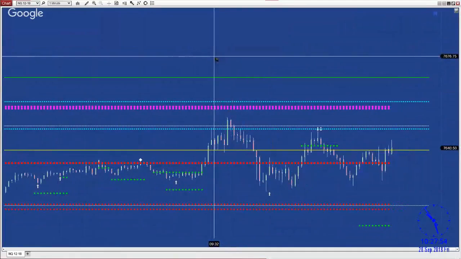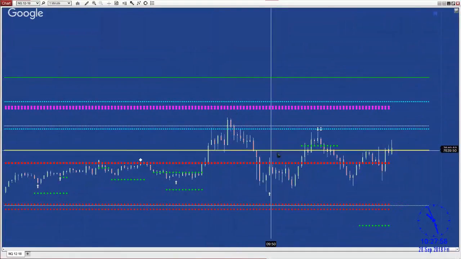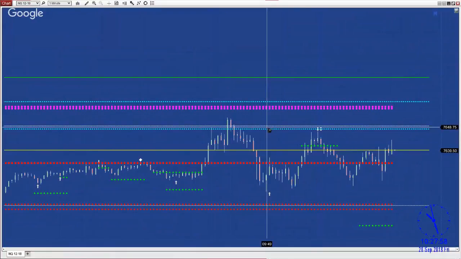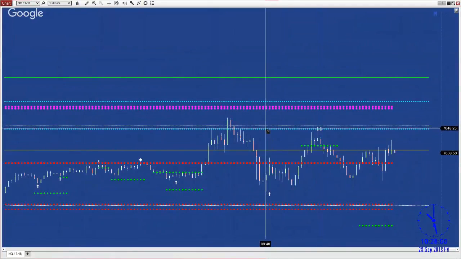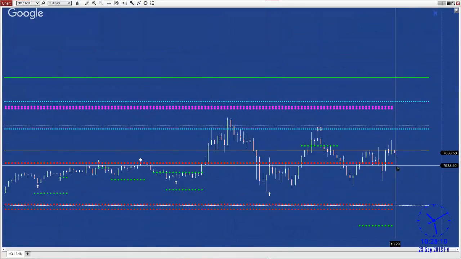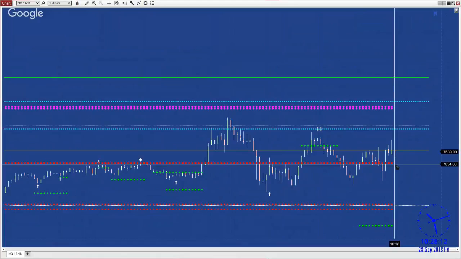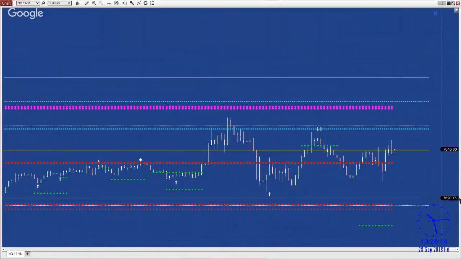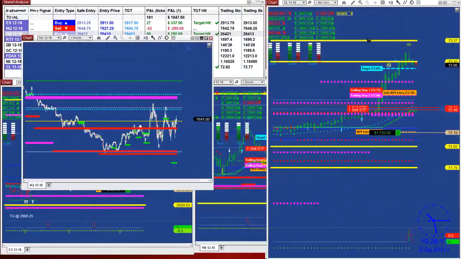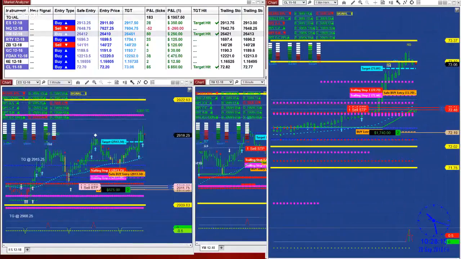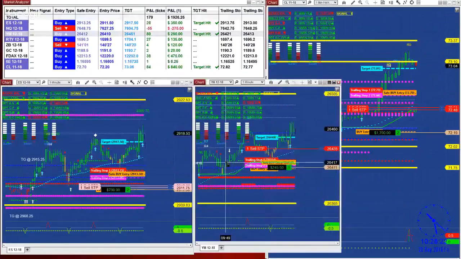Even the CL, ES was trading, and it seems like there is a problem on the 48.25 level. You notice that, and it's not going anywhere on the Nasdaq. You see, it's chop. You cannot trade the Nasdaq at the moment. It's chop. Even the ES is moving, but the Nasdaq is not moving.